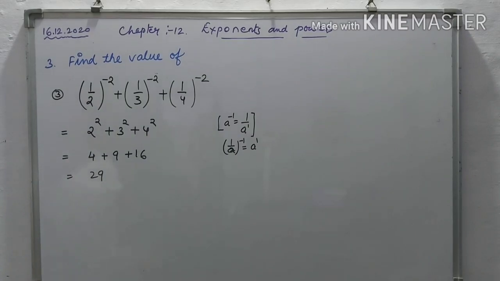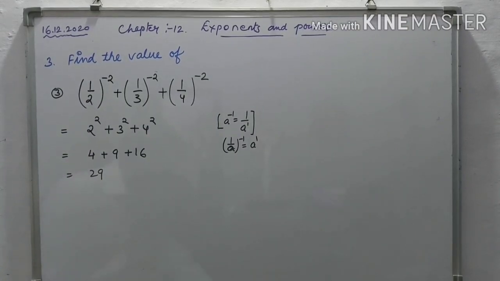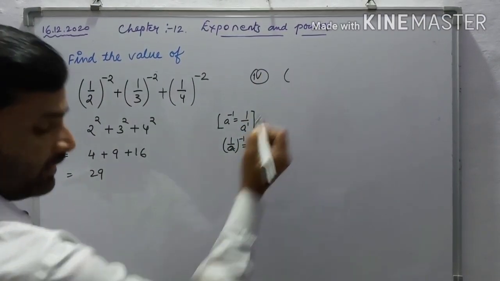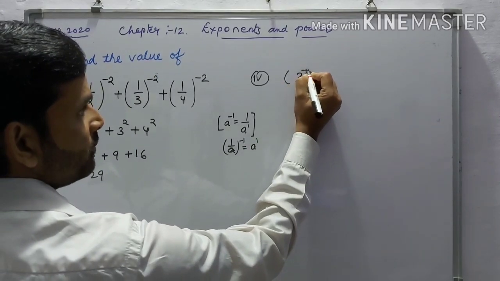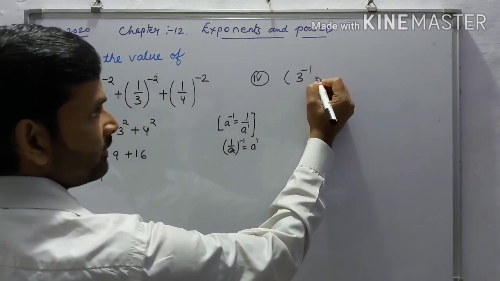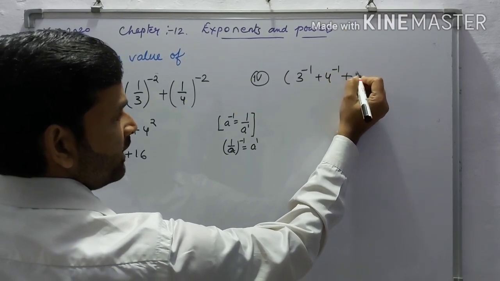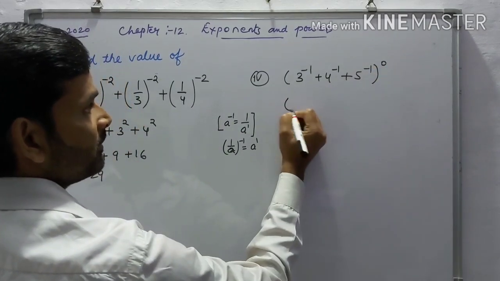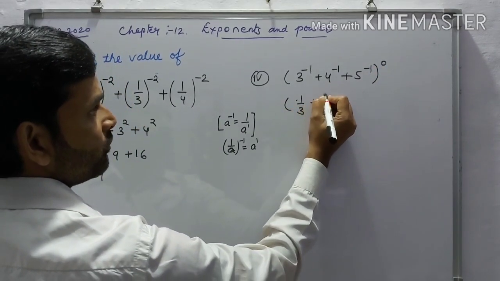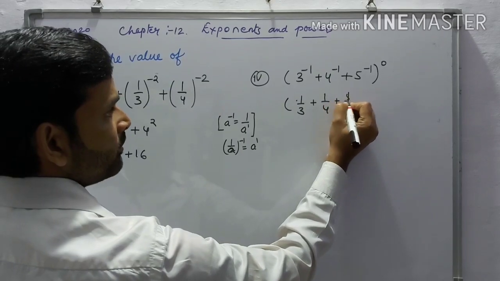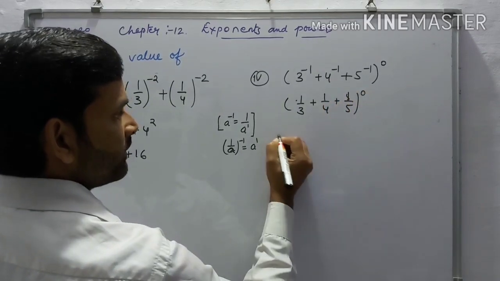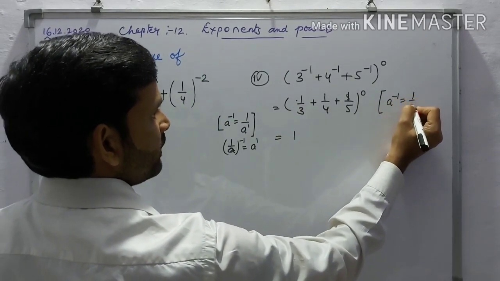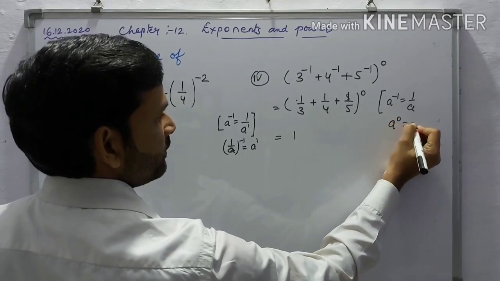Okay, then the next question is question number 4. Question number 4 is: in the bracket 3 power minus 1 plus 4 power minus 1 plus 5 power minus 1, and the power of 0. So here it will be 1 upon 3 plus 1 upon 4 plus 1 upon 5, power of 0, and the value is 1, because the rule is a power minus 1 is equal to 1 upon a and the power 0 is equal to 1.